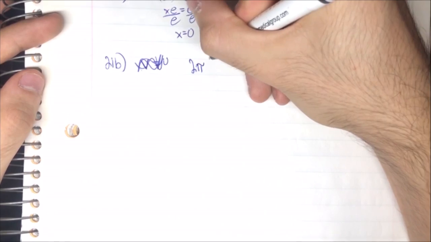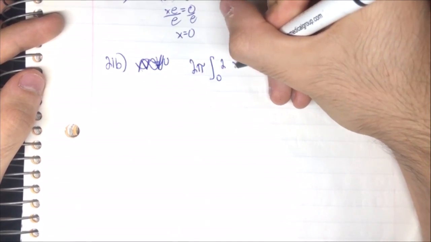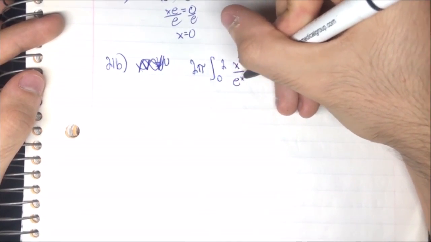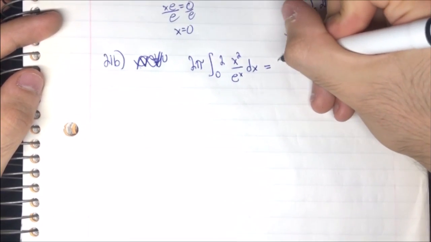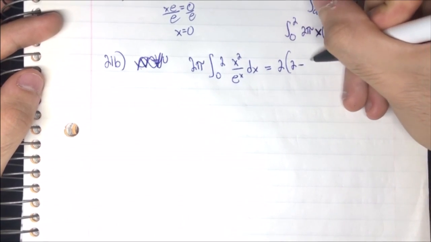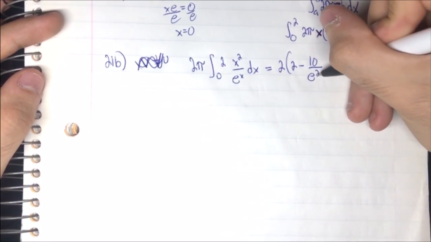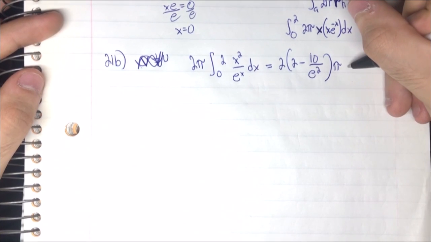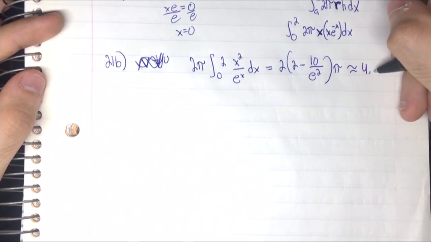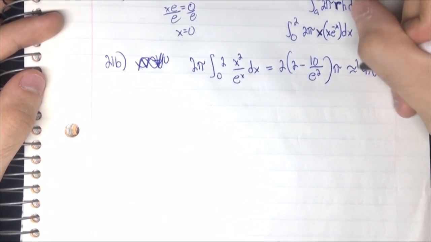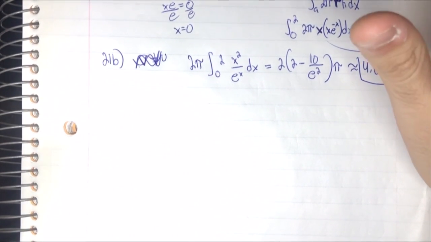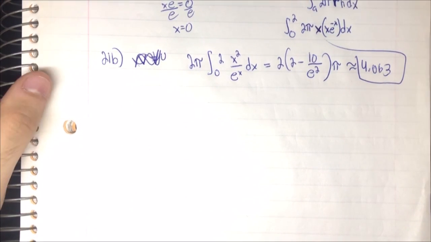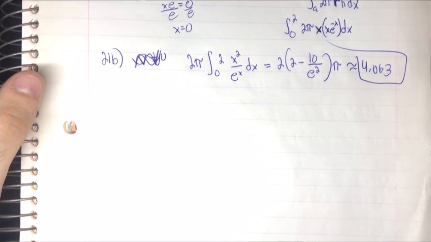It's this 2 pi, 0 to 2, x squared over e to the x dx, is equal to 2 times 2 minus 10 over e squared times pi, and that is 4.063, and that's the answer. I'm not really sure how to do that. I am sorry, so if anyone knows, please help me out on that, because I don't get it. Alright, let's do number 23.